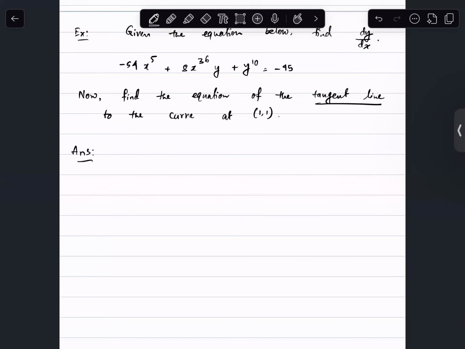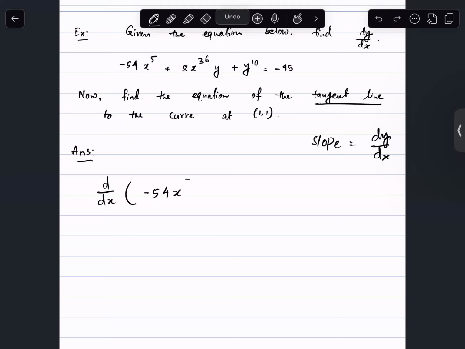So the tangent line at the point (1, 1), so for that you have to figure out the slope of the tangent at that point. And for slope I need to know dy/dx, right? So that means I just have to take the derivative of the equation with respect to x.